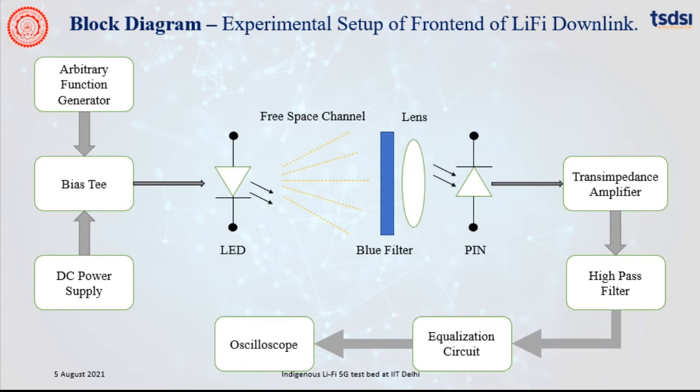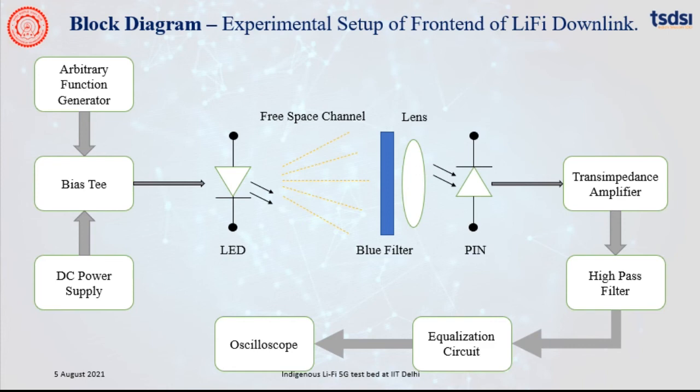After the LED, the spread light is focused on a PIN photodiode with the help of an optical lens. I am using the PIN photodiode for converting the optical signal into an electrical signal. I am also using a blue filter at the receiver for passing only blue light, which has a fast response, and blocking the yellow component, which has a slow response.